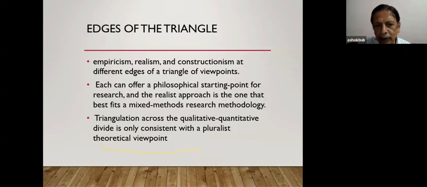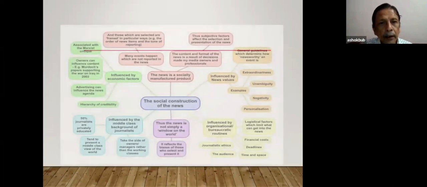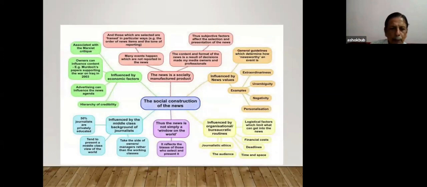In order to understand a realistic phenomenon, there is a need for both qualitative as well as quantitative components. Now, a simple example: when you say constructivism, how exactly is constructivism possible? How do you construct? This is a small example of the social construction of the news.